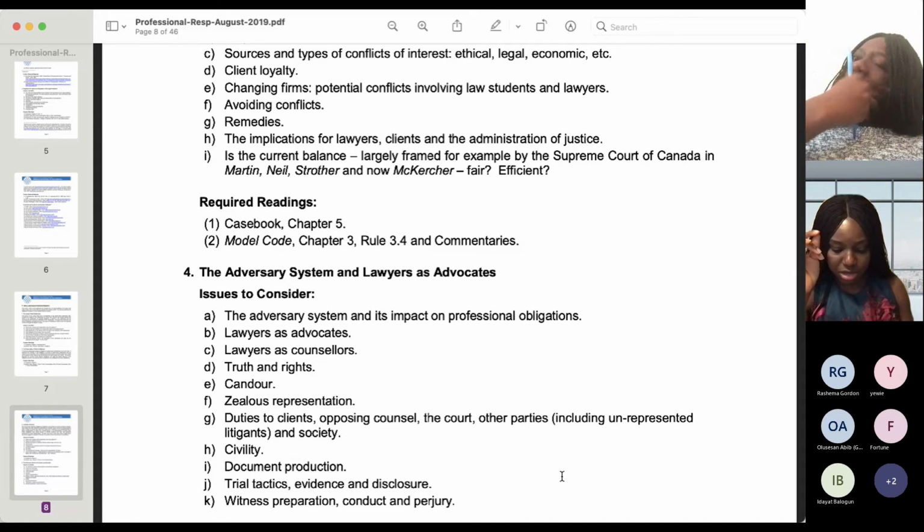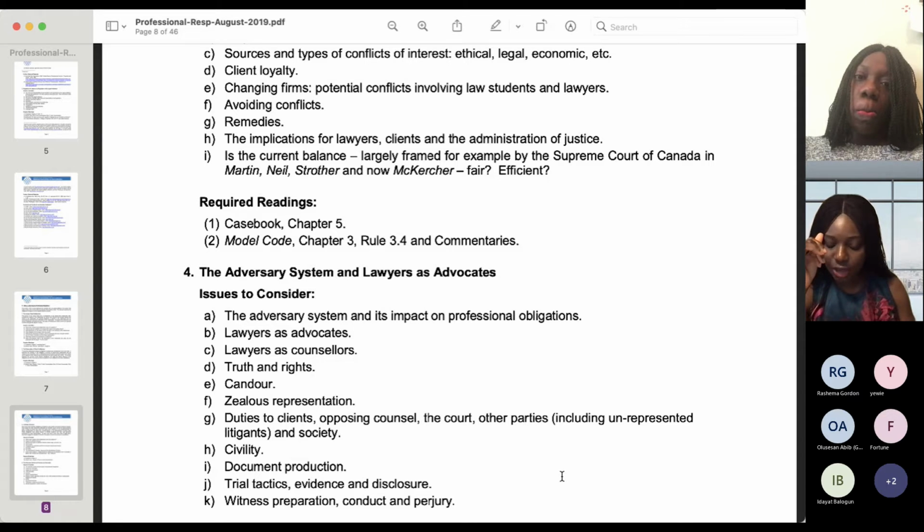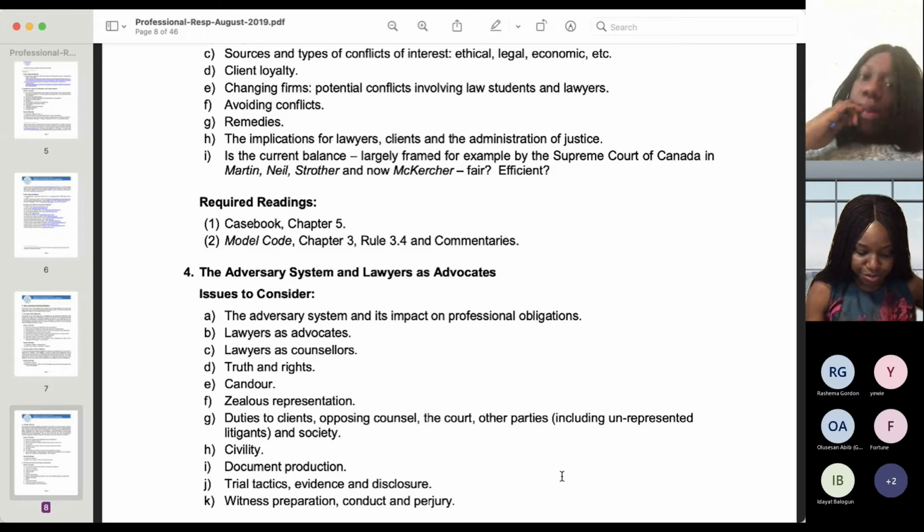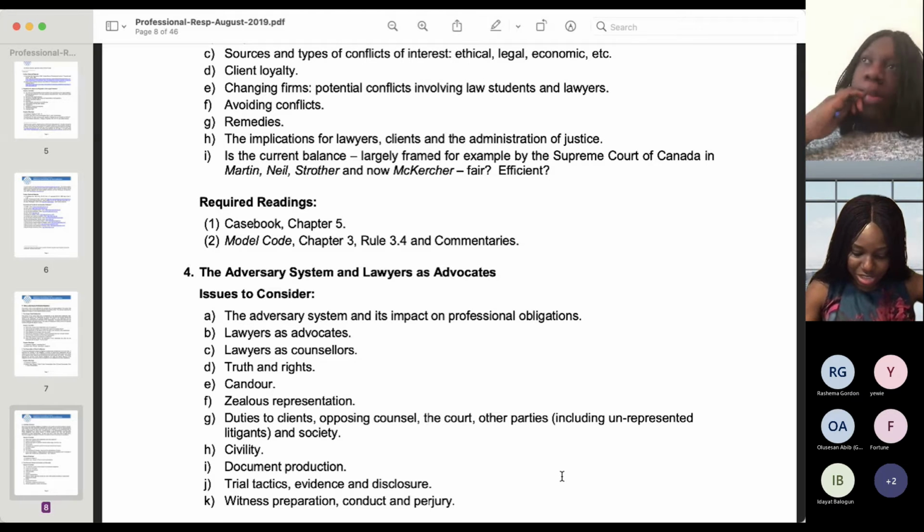Zealous representation of your client is a phrase that's constantly used. I'm trying to look for the phrase from the lawyer for the Queen, the case I explained earlier, the lawyer for the Queen that brought up the dominant model of ethics. I'm trying to see if I can find that, so at least you have that in your mind, but I can't find it right now.